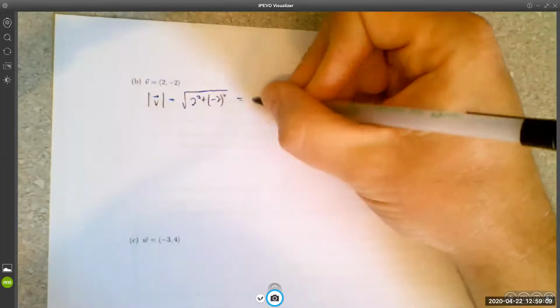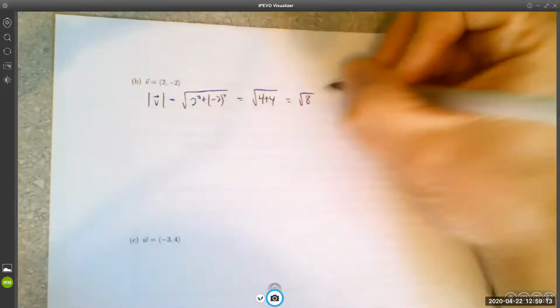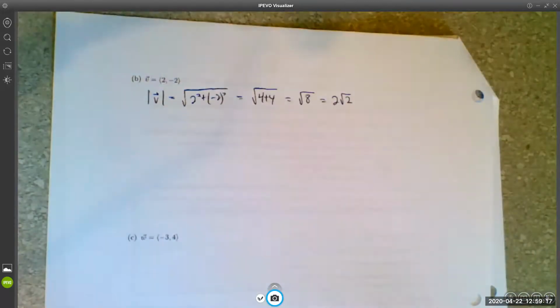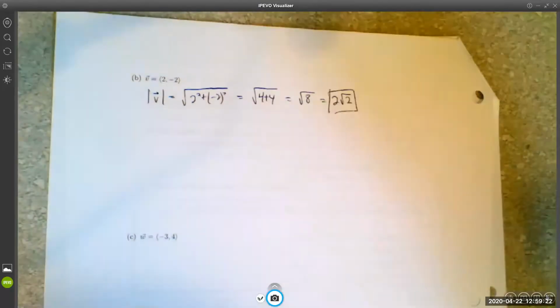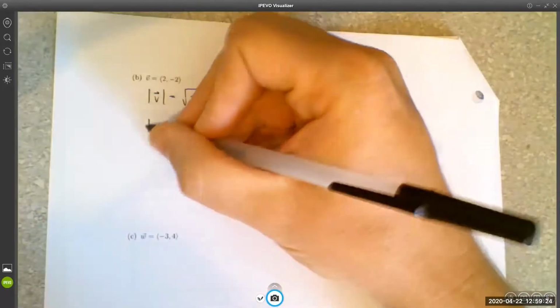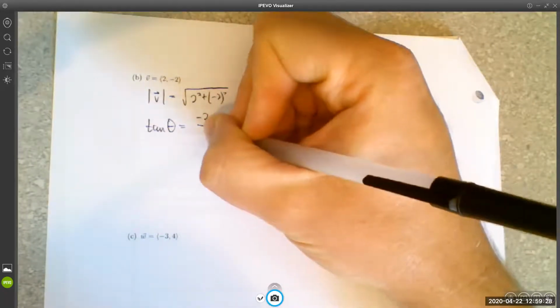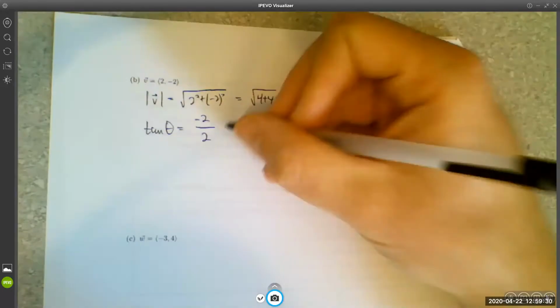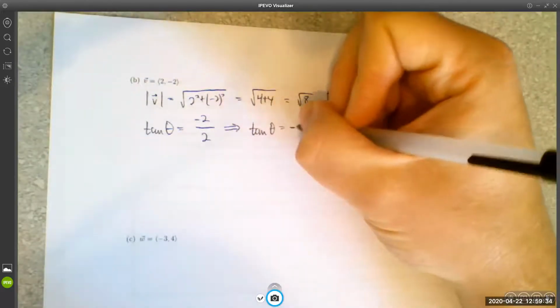But this should be square root of 4 plus 4, which is square root of 8, or 2 root 2, if you simplify it. So there's our magnitude. The direction satisfies tangent theta is b over a. Okay, so tangent theta should be -1.